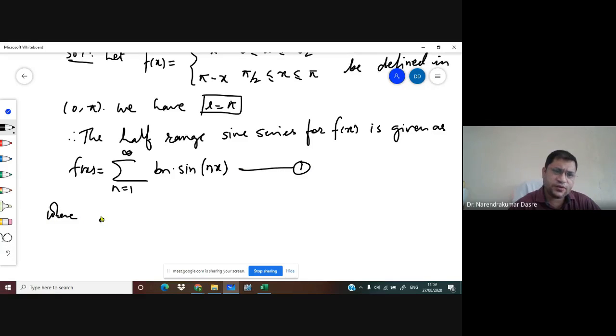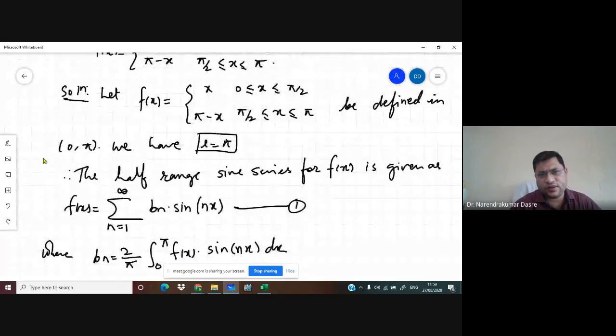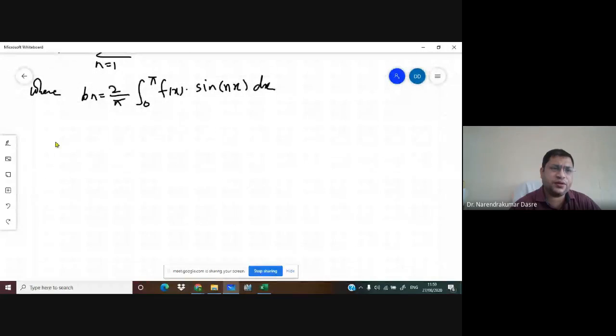So where Bn is equal to, here we will be having 2 upon pi integral 0 to pi f of x sine of nx dx. Now we know there is a discontinuity at x is equal to pi by 2, so we have to split this integral into two parts, 0 to pi by 2 and pi by 2 to pi.